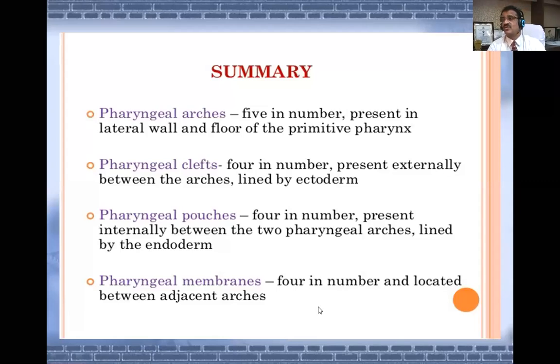So I have talked about the full pharyngeal apparatus: all the pharyngeal arches, pouches, clefts, and membranes. Exams mostly pose questions on pharyngeal arches, or sometimes MCQs or short questions are asked on the first pharyngeal arch, second pharyngeal arch, any arch. So you have to know this in much detail. Later on you can come to that.